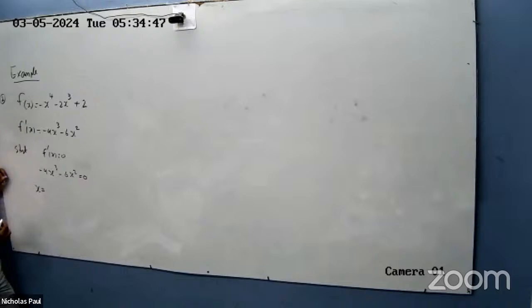X is negative 3 on 2, 0. Work it out now. Which one is max and which one is min?